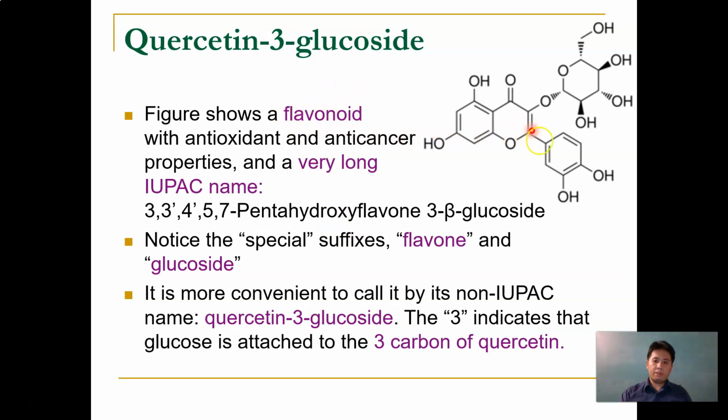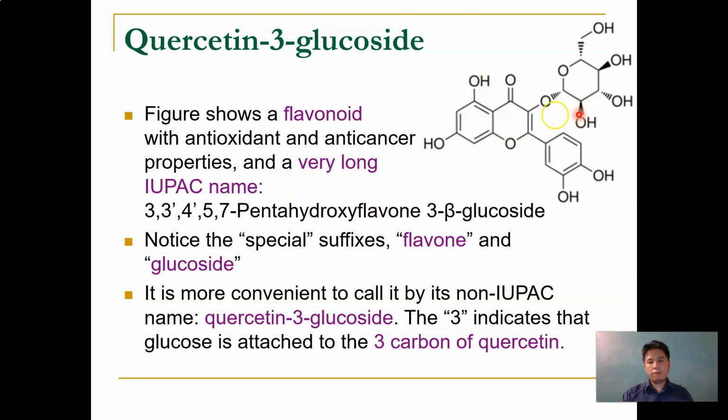Okay, and this one is a 3-ring structure, right? So this is a parent chain, but it's not just a simple ring, so you don't call it cyclo or benzene or anything. This is a very special parent chain. This 3-ring structure here is called a flavone. So this is one of the special rules.